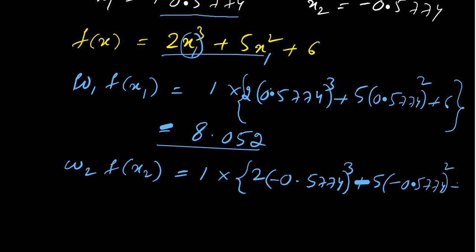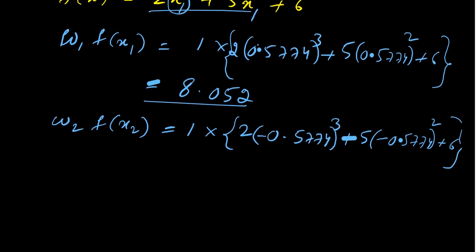Here it is cubed, so the sign is minus: minus 2 into 0.5774 cube. For the square term, minus into minus becomes plus, so there is no effect, plus 6.